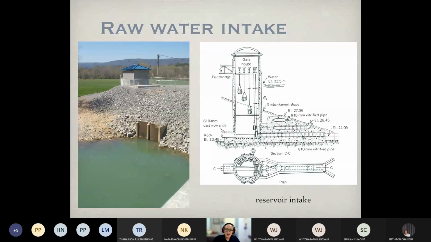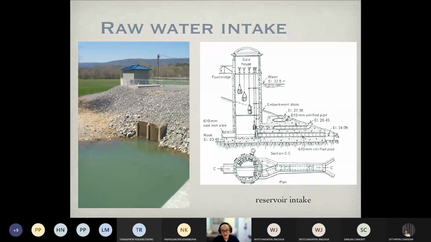But sometimes the water level goes very low, sometimes even lower than the level of the third port.